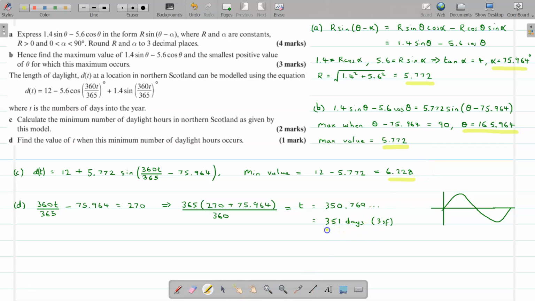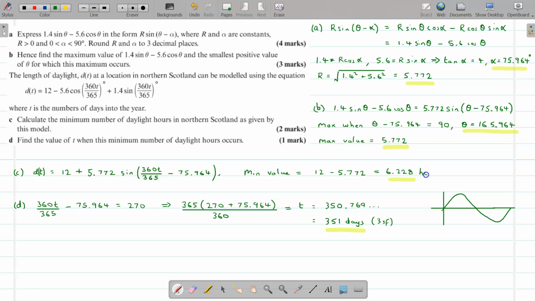And what that means is, remember, t is the number of days into the year. So after the year started, on the 351st day, that's when the shortest number of daylight hours occurred, and at that time it was 6.228 hours.